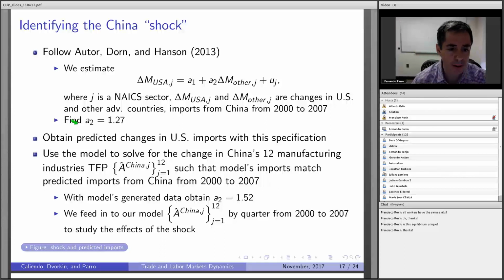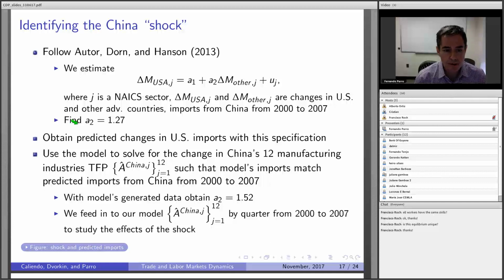I already told you that US imports from China more than doubled from 2000 to 2007. But of course, part of this increase in US imports from China may not be due to China, and can be endogenous to the United States.